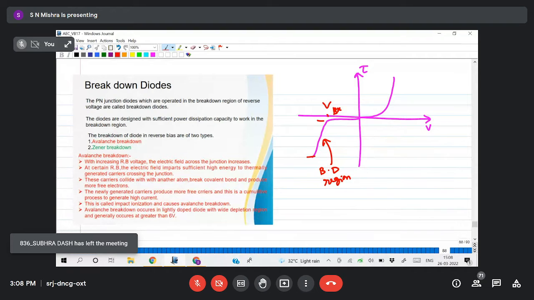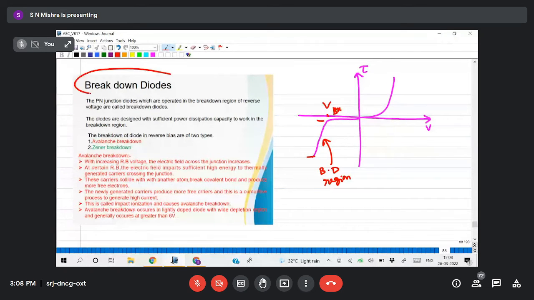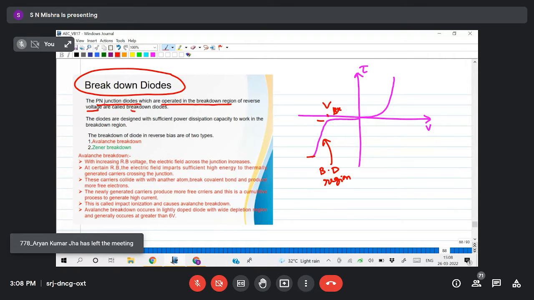But this is actually a demerit of the diode. But we can take this disadvantage as one of the advantages here. So breakdown diodes means the diodes which can operate in the breakdown region. The PN junction diodes which are operated in the breakdown region of reverse voltage are called breakdown diodes.